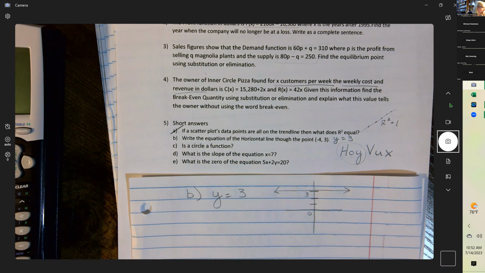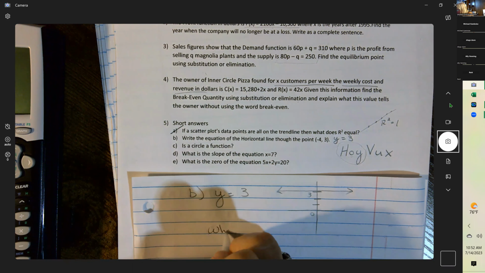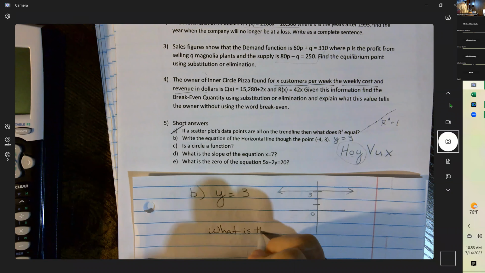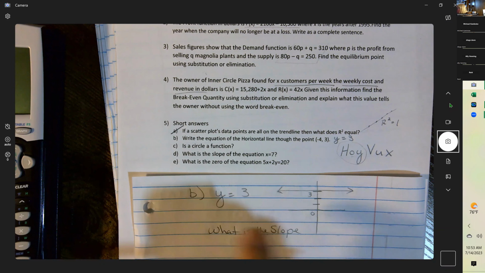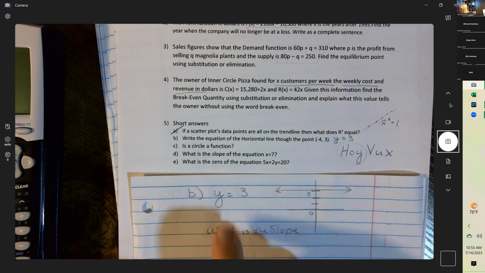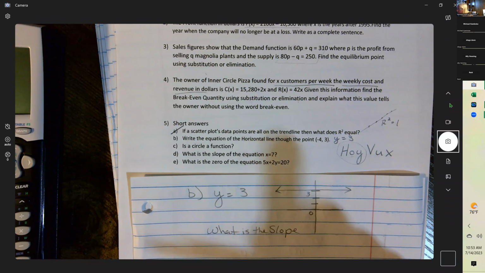Let's see what other ones I asked. So you just want to be able to go back through all 3. What is the slope?